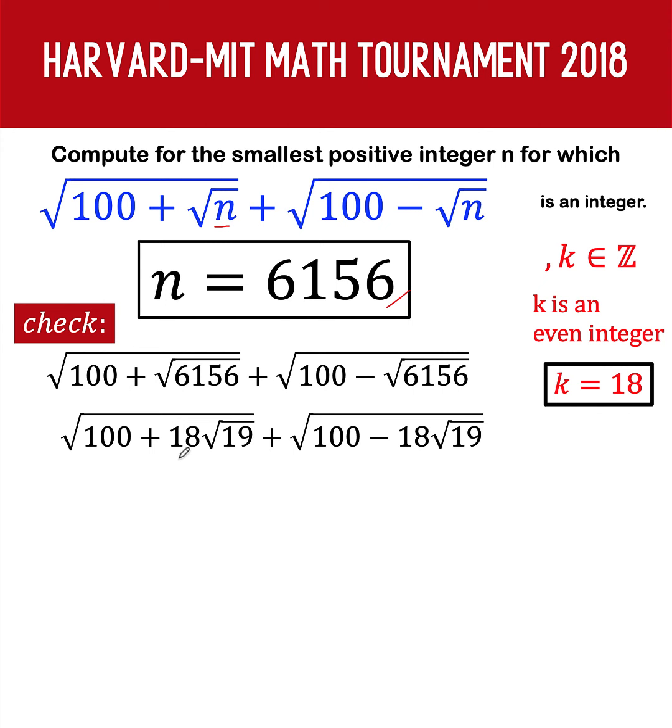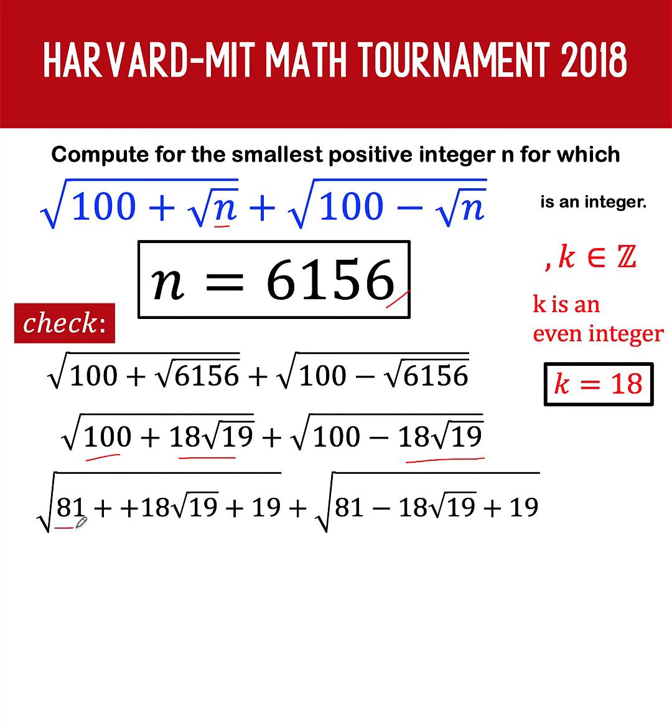So we replace the square root of 6,156 by 18 times square root of 19, the same thing here. Then splitting this 100 so that one of the numbers is a perfect square, we now have 81 plus 19, which is still equal to 100, the same thing here. 81 plus 19 is equal to 100.